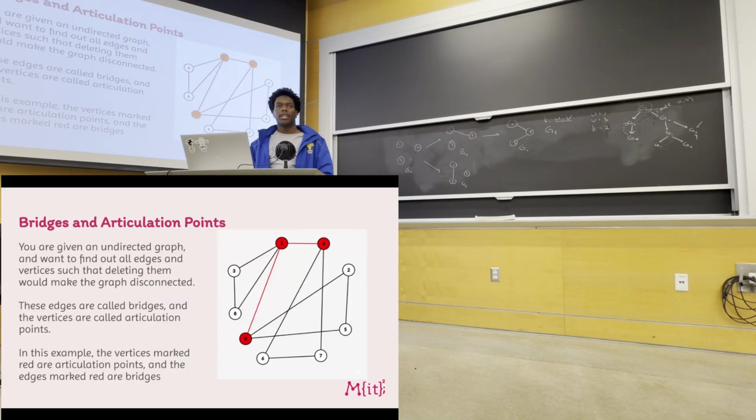An articulation point is just a vertex where if you remove it from the connected graph, it becomes disconnected. The same goes for a bridge, where if you remove it, you increase the number of connected components from one to some larger number. We're tasked with returning which vertices are articulation points and which edges are bridges.